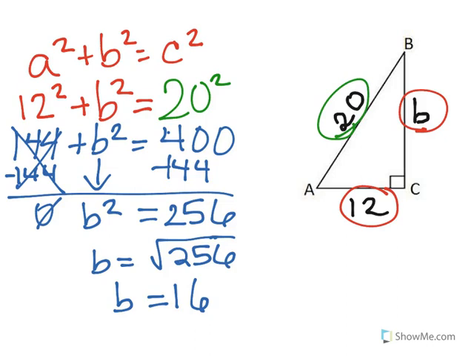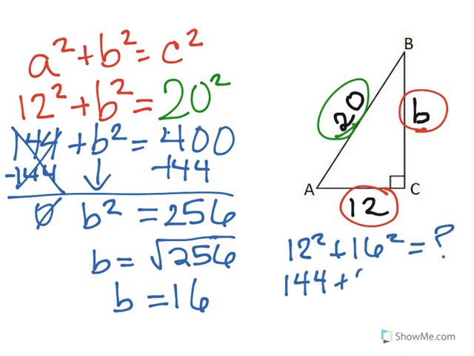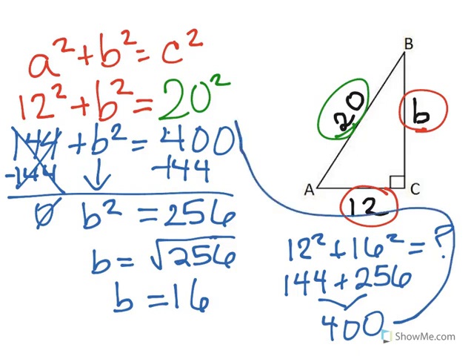We can go back and check our work by substituting all of the values back in and have 12 squared plus 16 squared, and what does that equal? So we have 144 plus 256, and when we add those together, we get 400, which we found to be 20 squared.